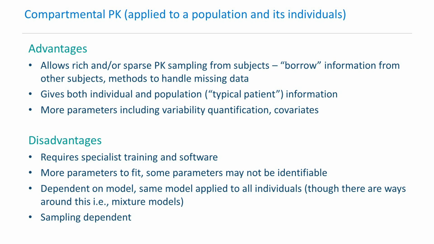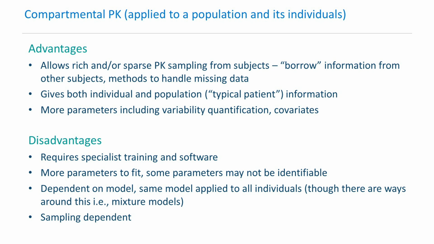But it is complicated, and so it requires even more specialist training and software than even the regular compartmental modeling does. And because we have even more parameters to fit, just like with compartment modeling, we're now adding on even more. So if you don't have sufficient data, you might have some parameters that are not identifiable.